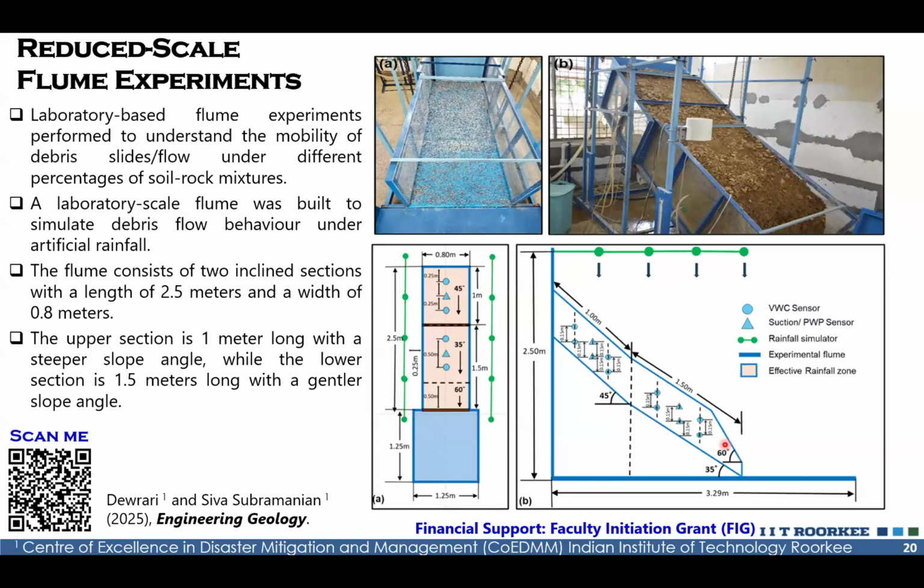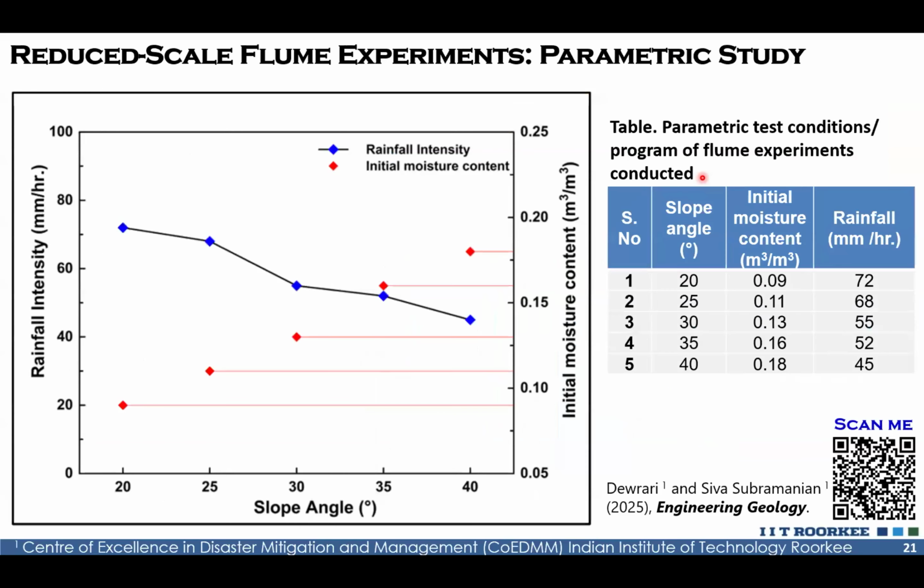Our intention was to put in the actual debris material which we see in the field, and then fill the flume tank. This is the parametric study we want to see for different rainfall intensities as determined from the India Meteorological Department's hourly rainfall data.